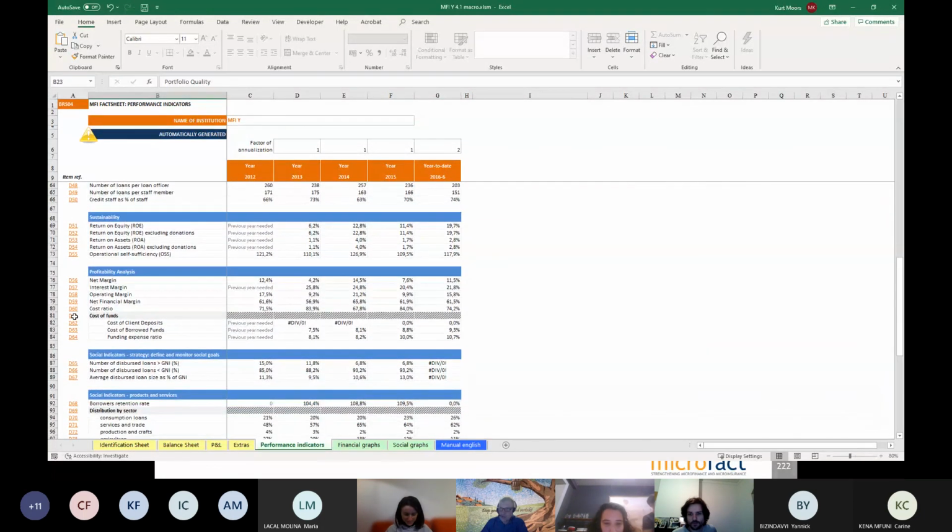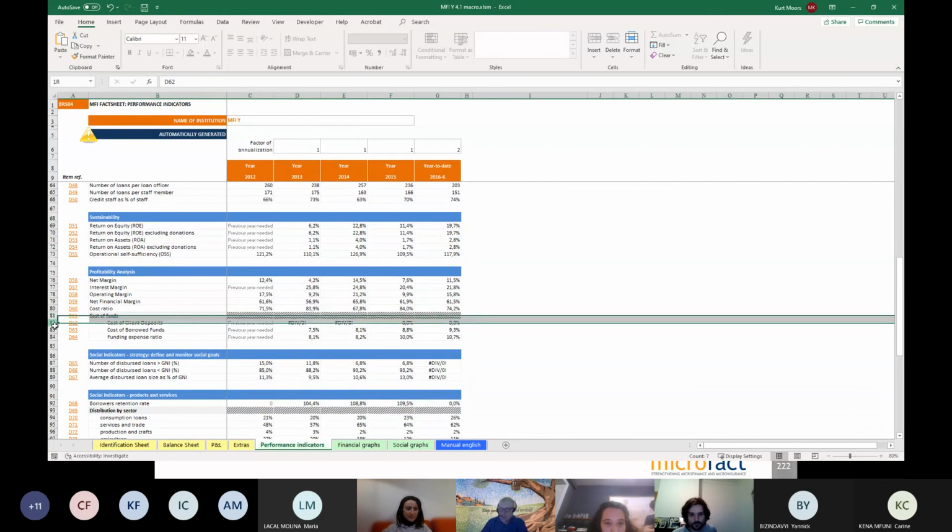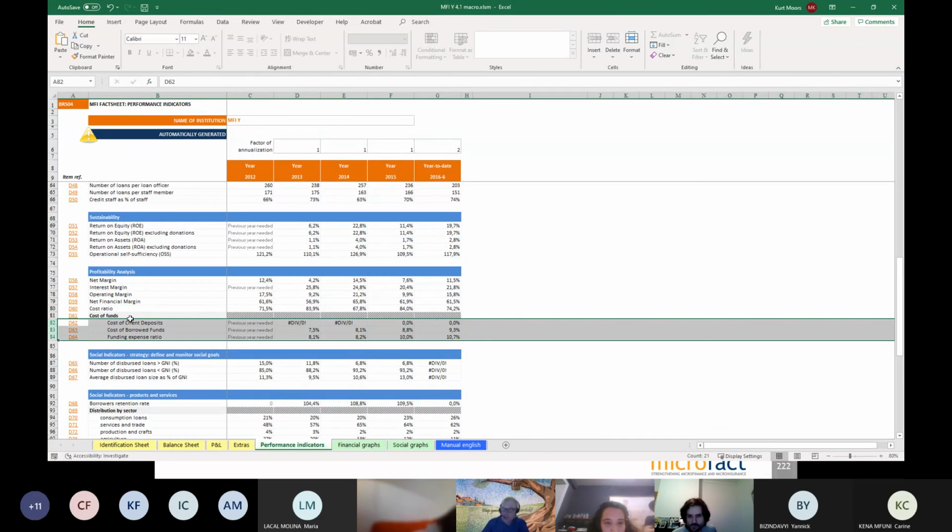Many figures are calculated automatically, and we have put them in the same groups of indicators as we are discussing here. And here you can find these three indicators. We make a difference in the fact sheet between the cost of borrowed funds and the cost of client deposits. So in the fact sheet, we don't put them together. The first indicator we discussed put deposits and borrowed funds together and took all the interest and fees that you pay on these liabilities. But here we make a difference between client deposits and borrowed funds.